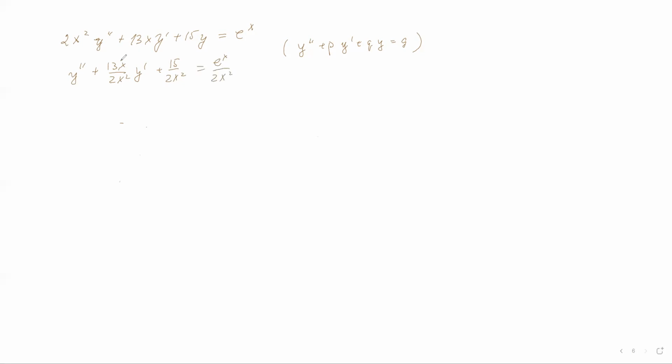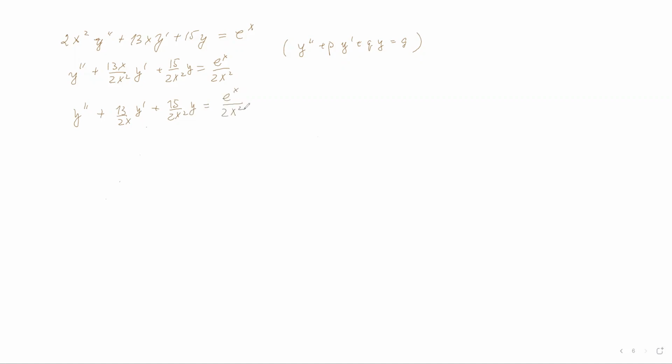Well, you can do cancellation, but otherwise that's going to be it. So the equation is going to look like this: y second derivative plus 13 over 2x y first derivative plus 15 over 2x squared y equals e to the power of x over 2x squared.